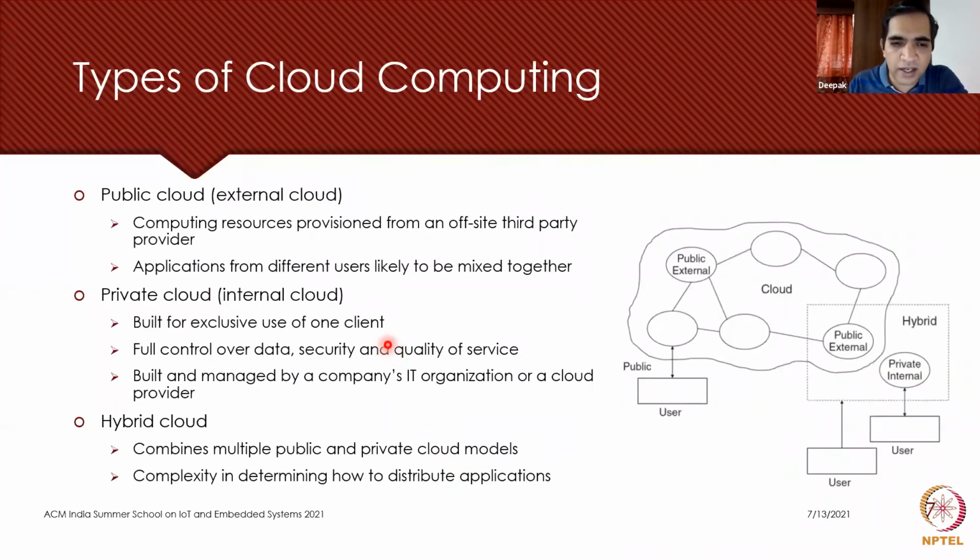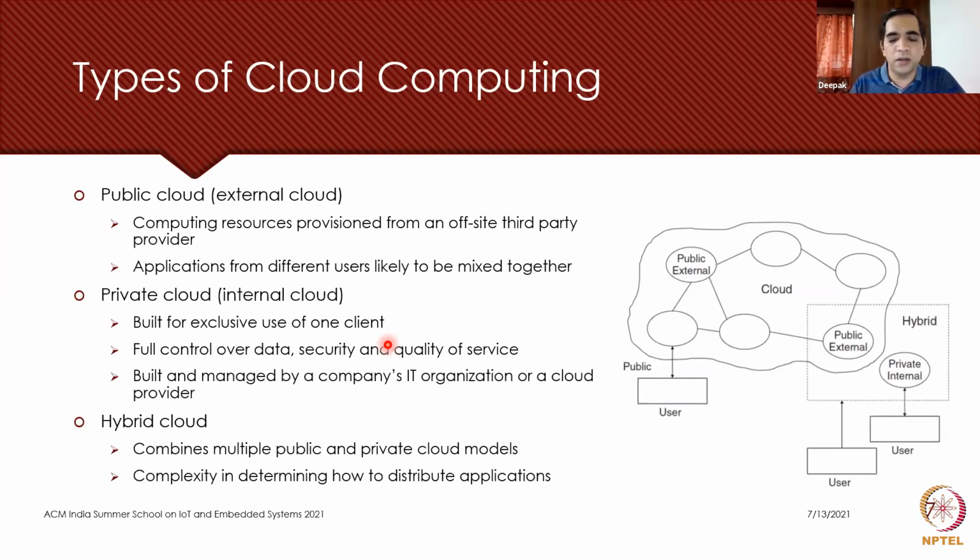Okay, so with that understanding, we have gone through what is cloud computing. We have seen the different architectures in cloud computing, I mean, the different layers. And we have also seen, in terms of evolution, how cloud computing came into existence.